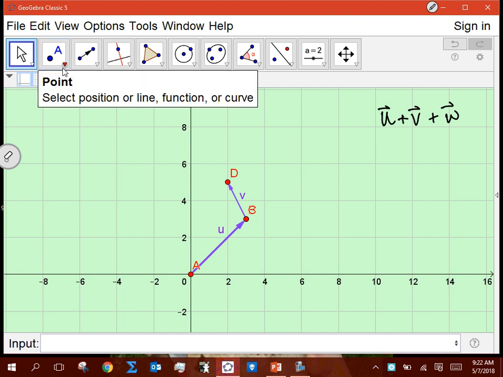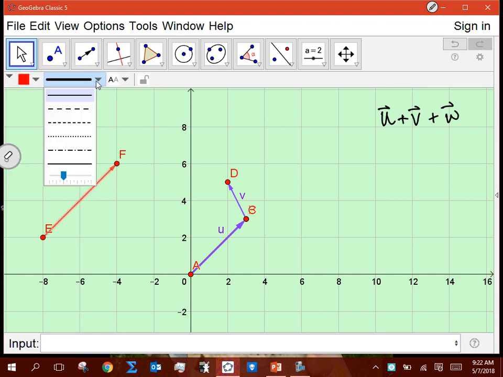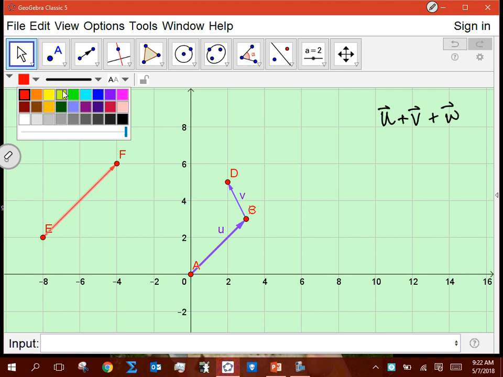When I create a vector, if you ever create your initial point in GeoGebra on one of the axes, it will force it to stay there, and you can't drag it. So let's say I want that to be w. I have to create it so it's not starting on one of the axes.